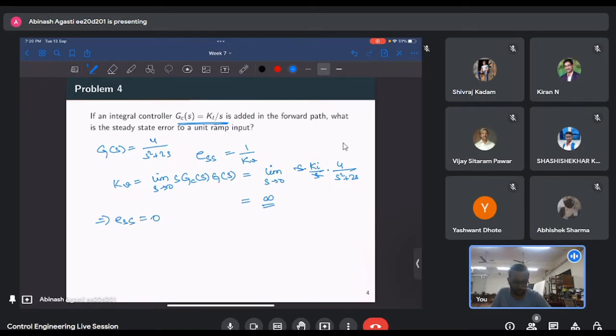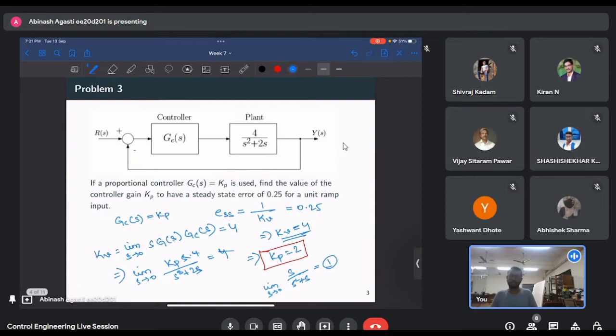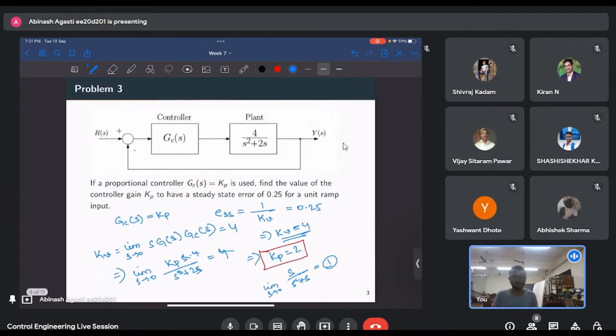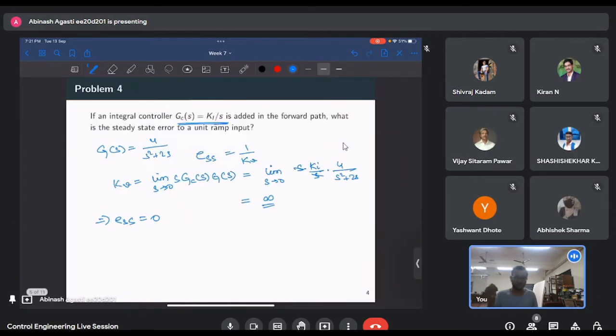Now if you compare it to the previous question, there we used only a proportional controller, that is only a gain value Kp, and in the next case we used an integral controller, that is one extra integrator in the open loop transfer function. As we discussed earlier, by adding one extra integrator, we could go from some constant steady state error to zero steady state error.